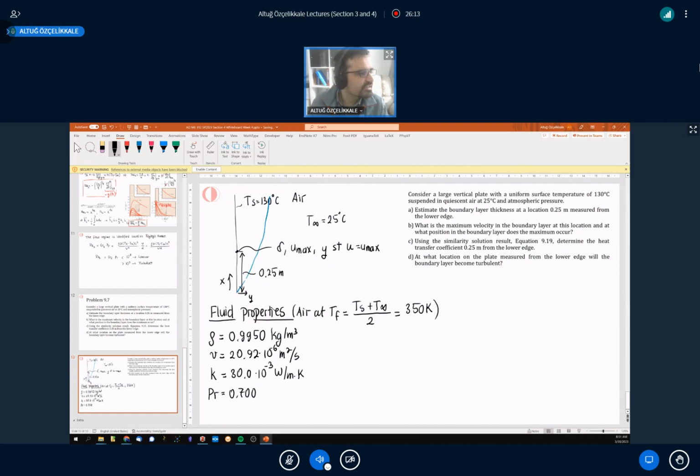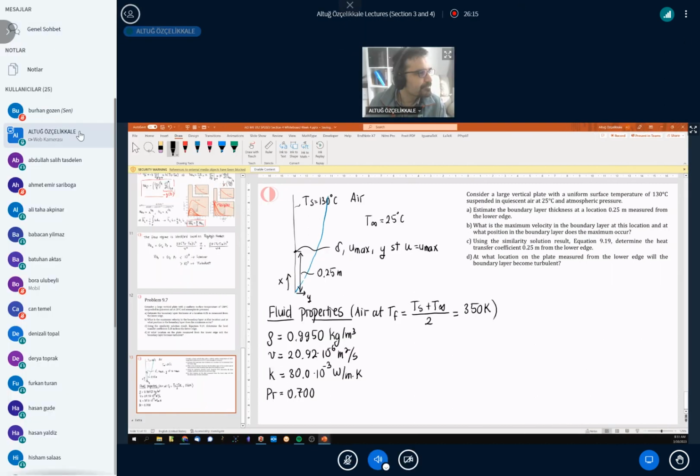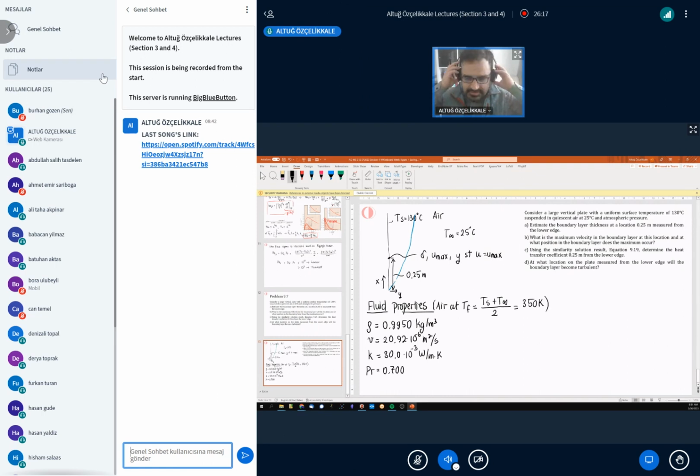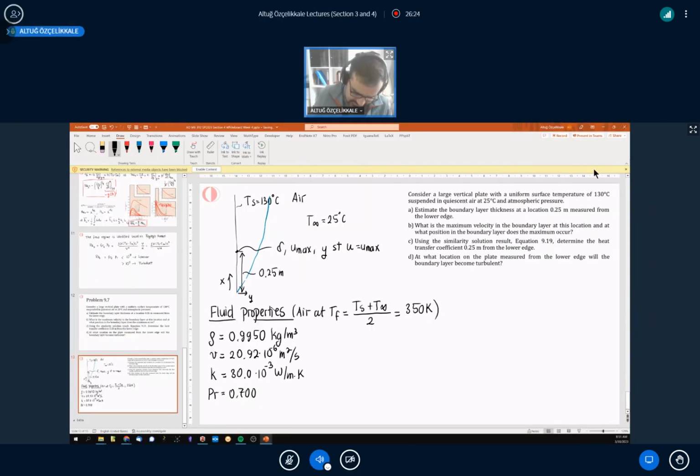Which one do you think is that? Is anyone awake? Yes, Burhan, thank you. It is the volumetric thermal expansion coefficient. And for air, assuming it's an ideal gas, it's not on the table because we don't need a table for ideal gases. It is the reciprocal of the temperature.